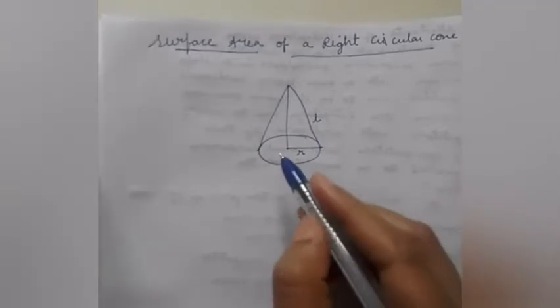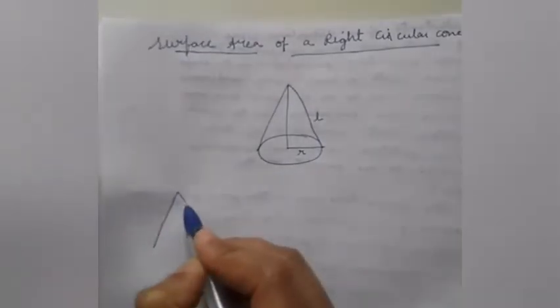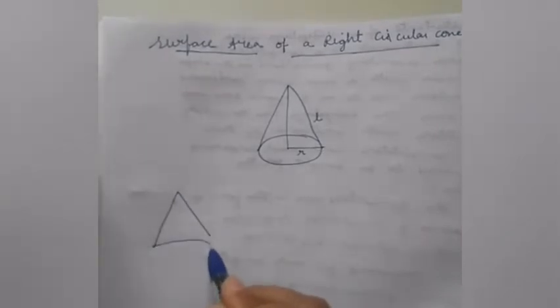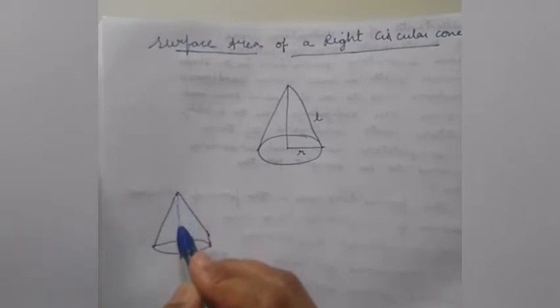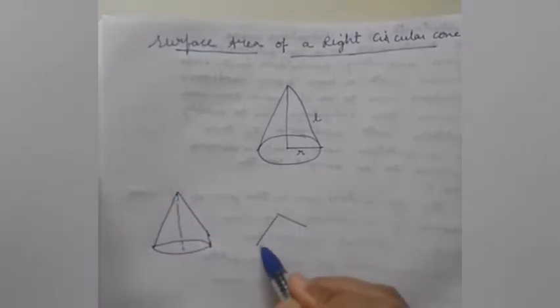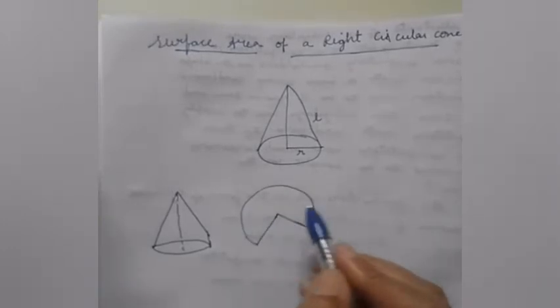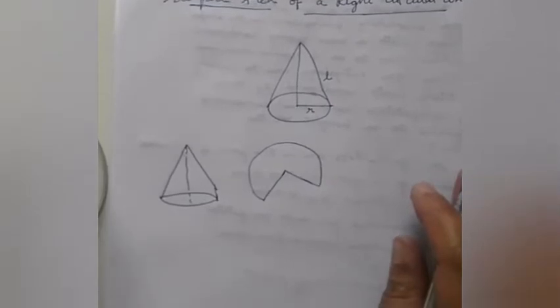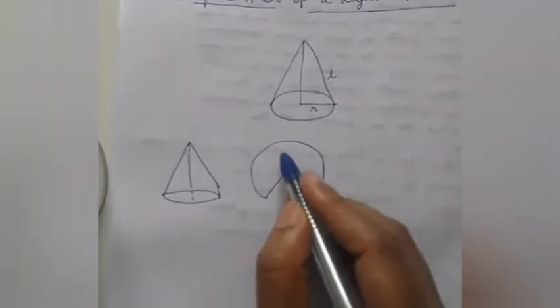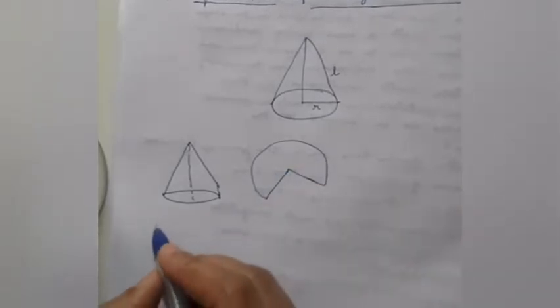So in finding the curved surface area of the right circular cone, if we slit open this cone, then we get it in this way, and if we find the area of this, it is the curved surface area we are talking about. We divide it into smaller triangles and find the area.